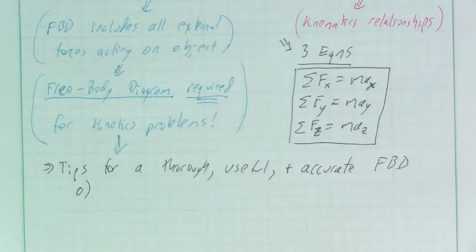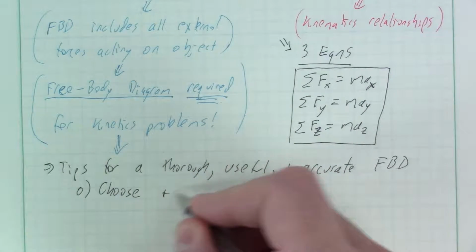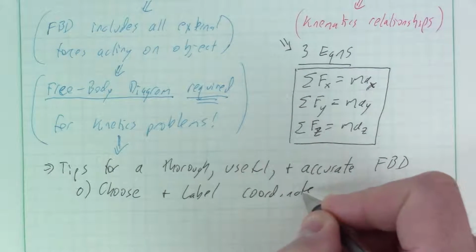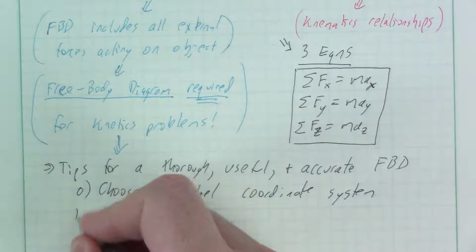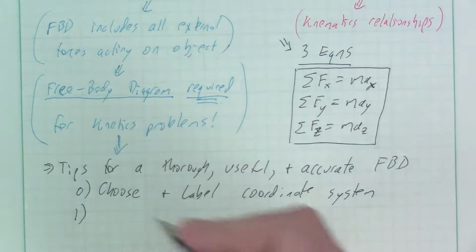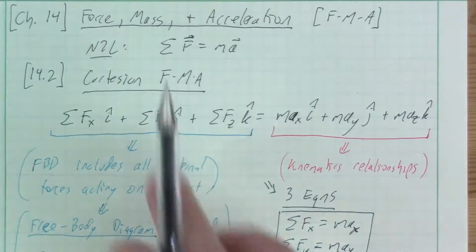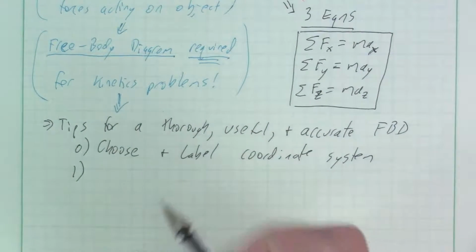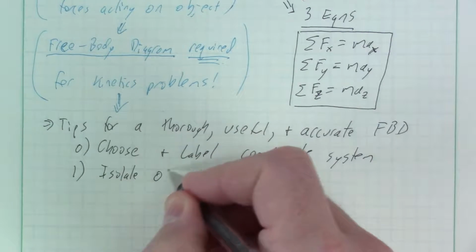I don't know why I'm starting at step 0, because this should be intrinsic. So we choose and label a coordinate system. That's actually done before we even start. Okay, that's now step 1. That's already in there. So in this case, we're Cartesian and it's spelled out. Pretty obvious. Okay, step 1 is then going to be to isolate the object.